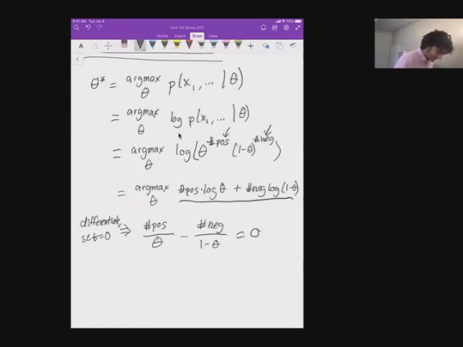So we'll say that the number of positives over theta equals the number of negatives over 1 minus theta.